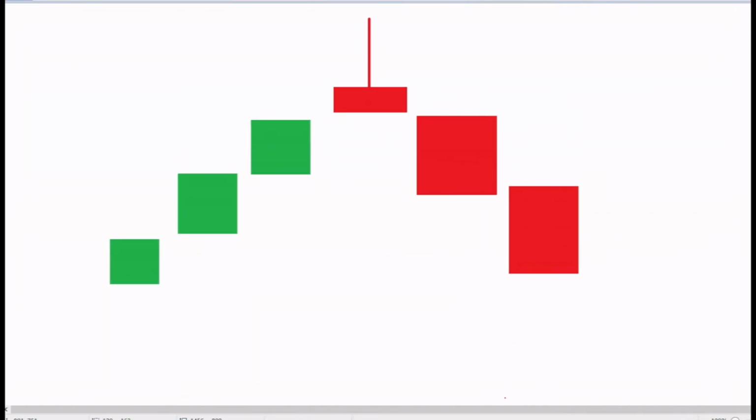Now we are looking at a pictorial representation of the same. Now here if you see, the price has started moving in an upward direction, right? So let's assume this was 100, the price has moved to 200 rupees at this point, right? Later you find that there is a candle which has a wick which is at least 2x the size of your body, right? Which indicates there is a shooting star.